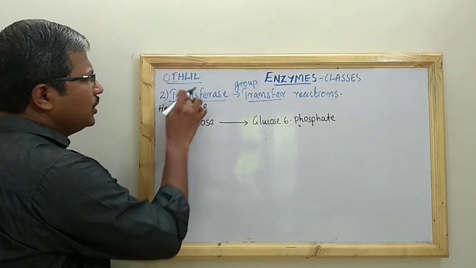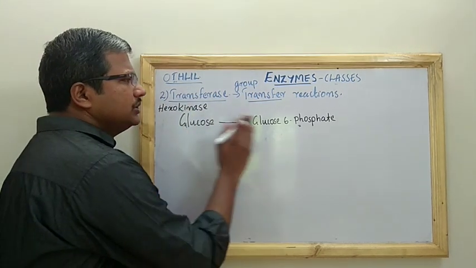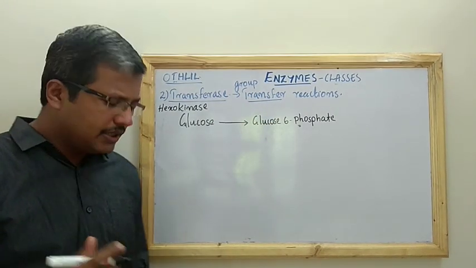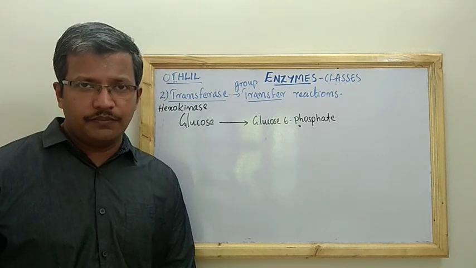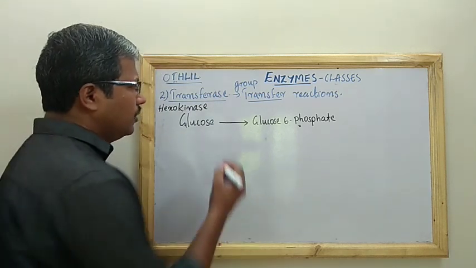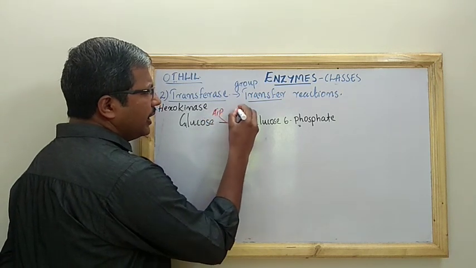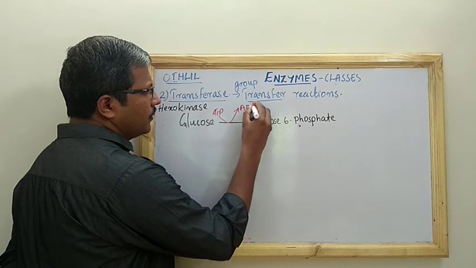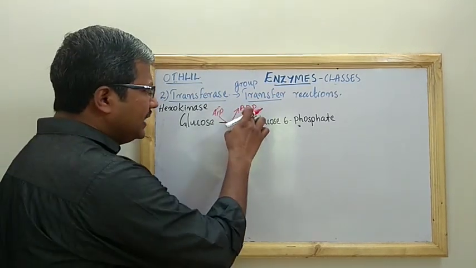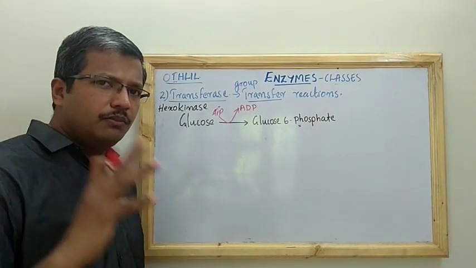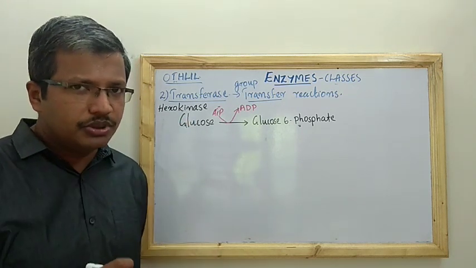Hexokinase belongs to the enzyme class transferase. As a result, glucose is converted into glucose 6-phosphate. Who is the donor of this phosphate group? It is the ATP molecule. ATP, adenosine triphosphate, is converted into ADP, adenosine diphosphate, so one phosphate is removed and added to the glucose 6th carbon position.